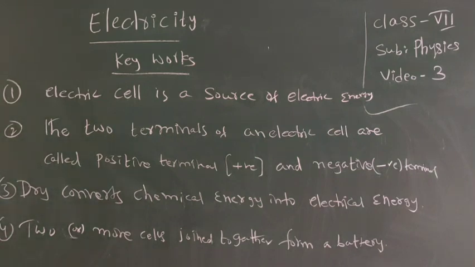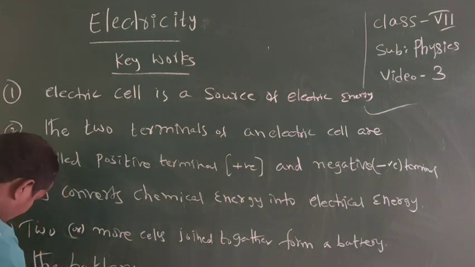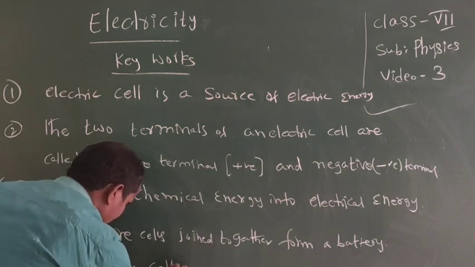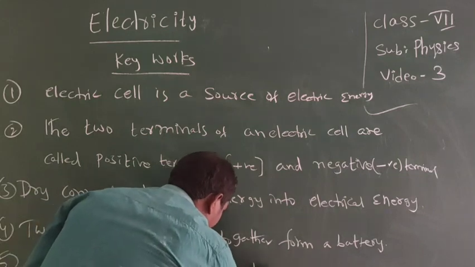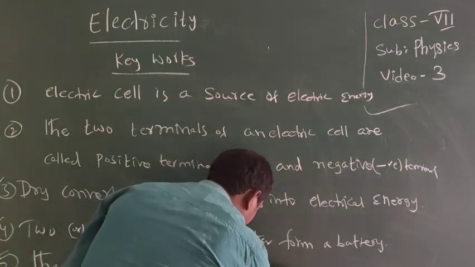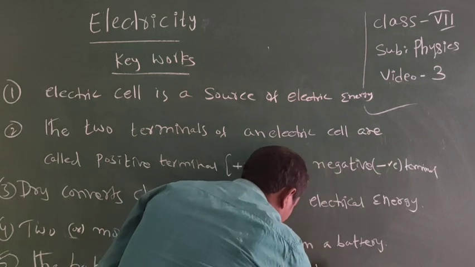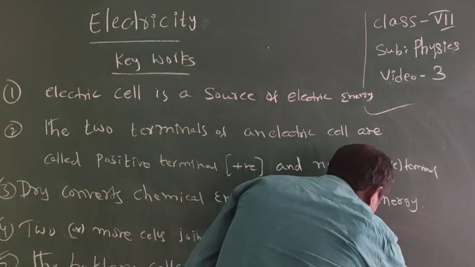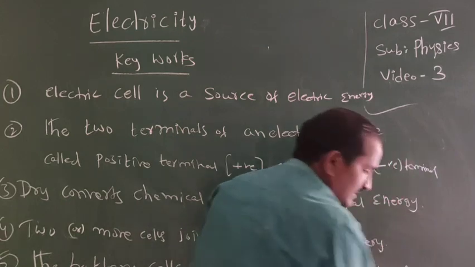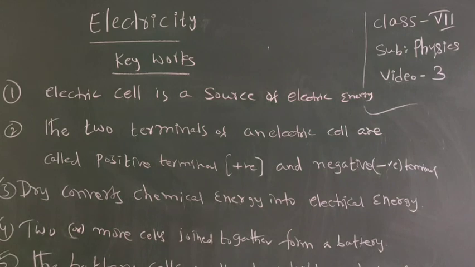The battery cells in the torchlight are kept in series.